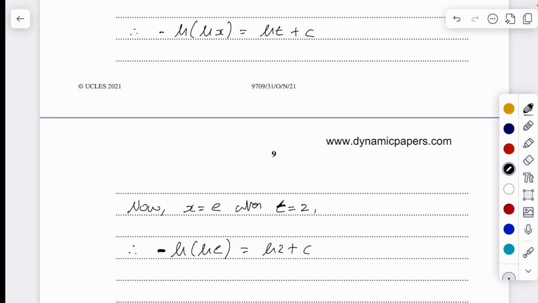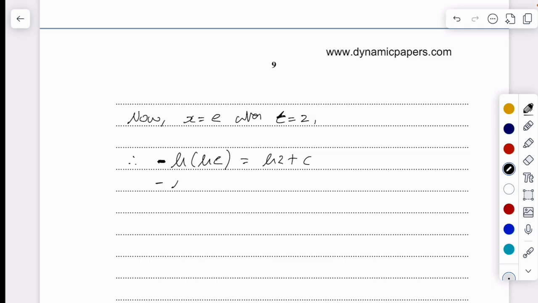And what's ln e? Ln e is 1. So you get negative ln 1 is equal to ln 2 plus c, which means that c is going to give us negative ln 2.